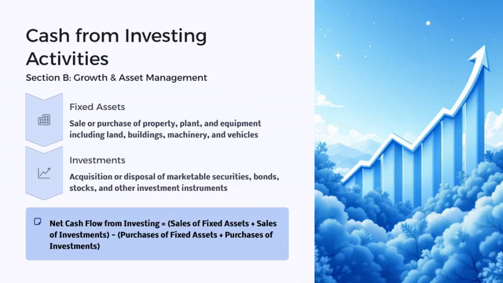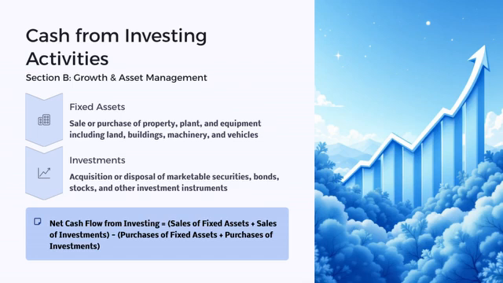Specifically, this includes transactions like acquiring or disposing of marketable securities, bonds, stocks, or other investment instruments. These are often short-term or liquid investments that can be quickly bought or sold. The investments also cover the sale or purchase of property, plant, and equipment, things like land, buildings, machinery, or vehicles.